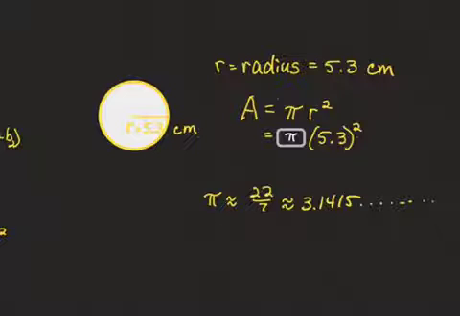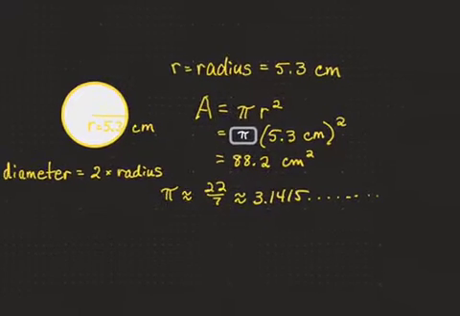You have a pi button on your calculator, and that button times 5.3 squared should give you 88.2 centimeters squared. Because remember, when we squared 5.3, we were actually squaring 5.3 centimeters to give us these square centimeters.